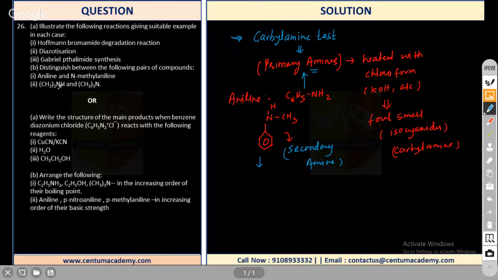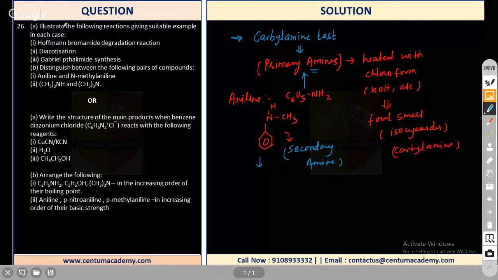Correct. It does not react with tertiary amine, since it does not contain any hydrogen. So this reaction is not possible in case of tertiary amine. So Hinsberg test is the answer for the second one. Okay, now you tell me what is Hoffman bromamide degradation reaction?